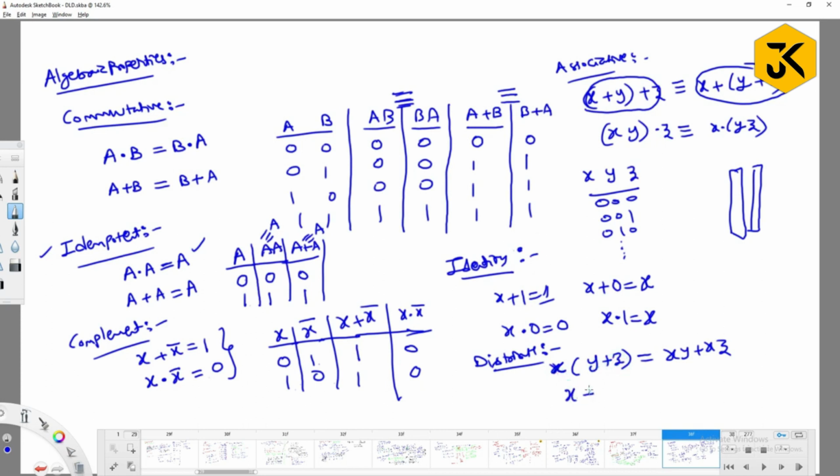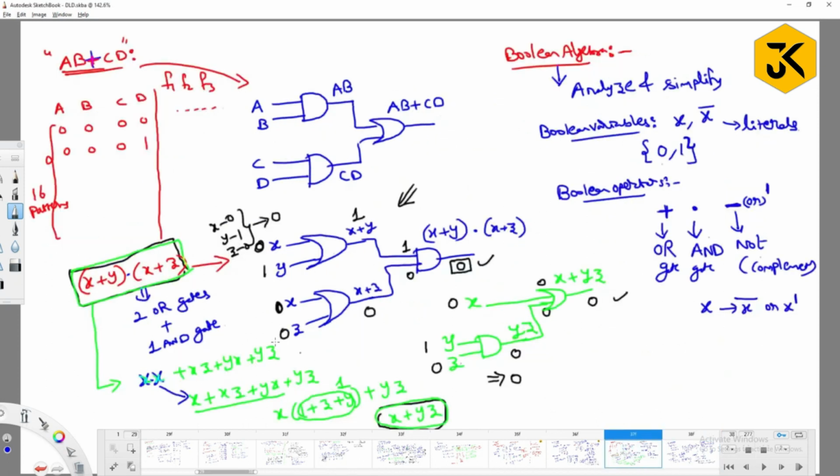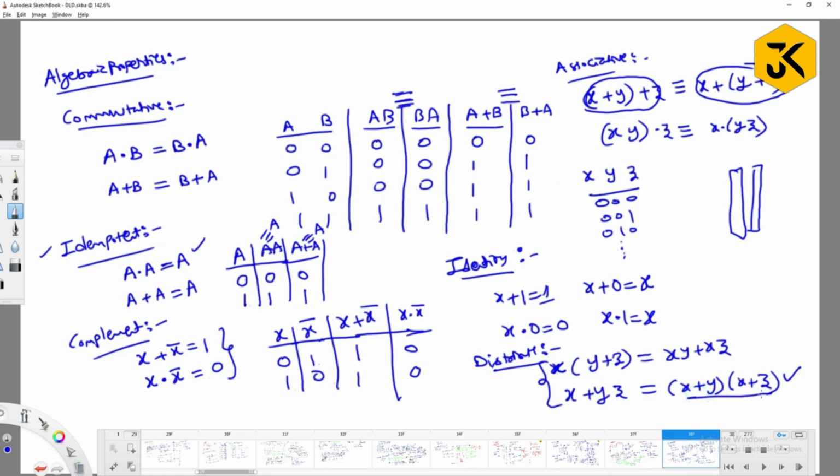Or you may observe x plus yz is equal to x plus y into x plus z. These are two distributive properties, right? So if you observe, this expression is already derived, right? x plus y into x plus z is relating to x plus yz. So these two come under the distributive property.